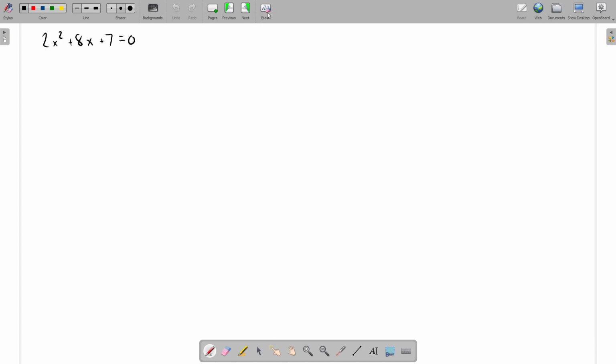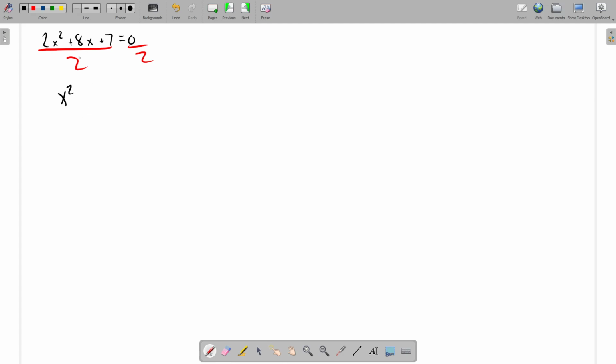Our second example, what's the first thing that you notice? A is no longer 1. Let's deal with that. Let's fix it. We're going to divide everything by A. If I divide everything by A, it's going to become 1. I'm going to have x squared.